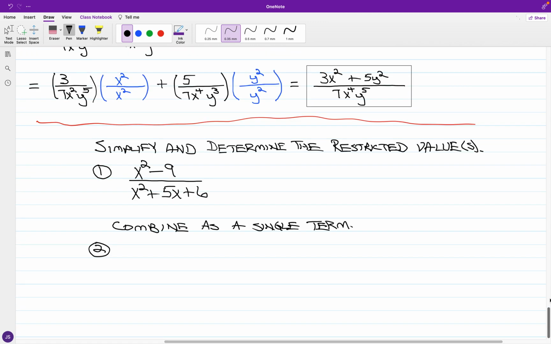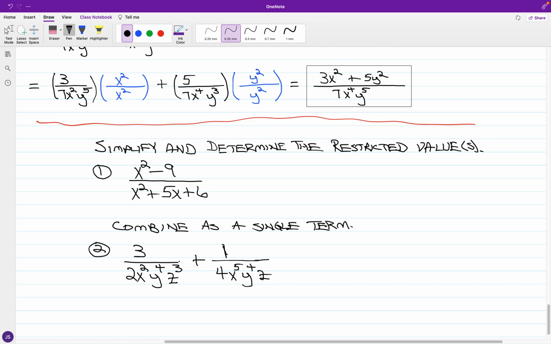I will say that in this one, let's say if we have, I tell you what, just for the next few moments, let's see what we get for the simplified version of this ratio, while also identifying the restricted values.